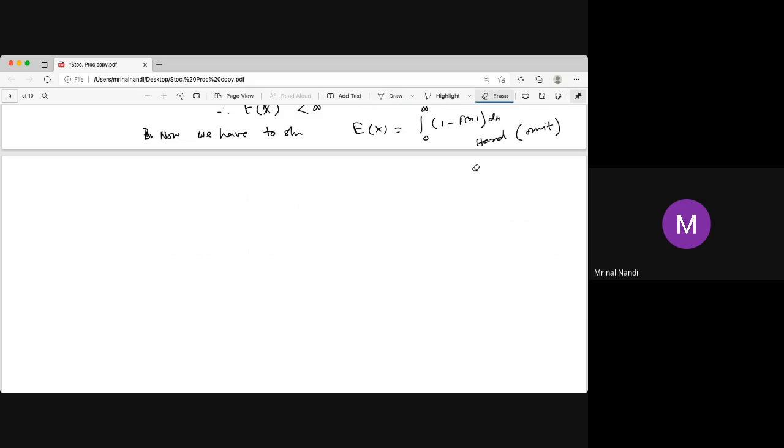We already defined the variance, and we know the different results for the variance. The variance of X is 0 if and only if X is degenerate.